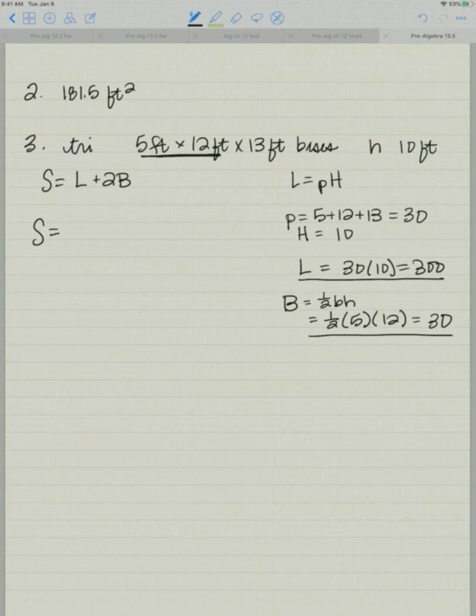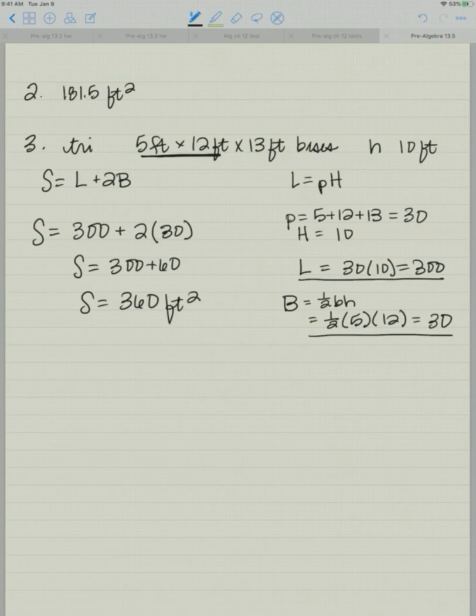Big S is equal to 300 plus 2 times 30. Big S is equal to 300 plus 60. Big S is equal to 360. And my units are feet squared. So that is how we arrive at the solution for number 3.